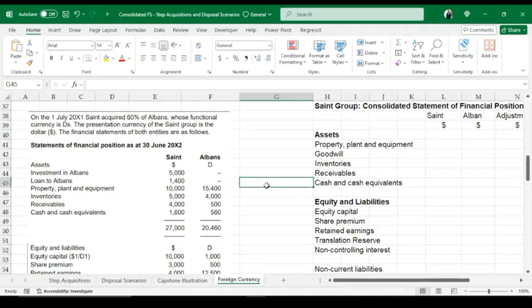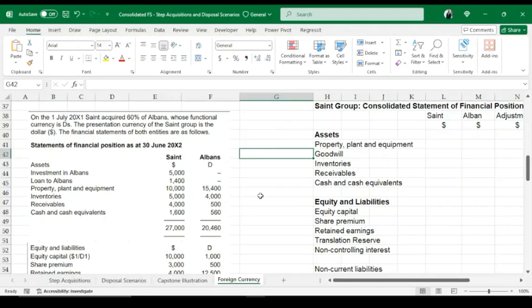So we have here that on 1st July 20X1, Saint acquired 60% of Albans, whose functional currency is dollars. So the presentation currency of the Saint group is the dollar. The financial statements of both entities are as follows.